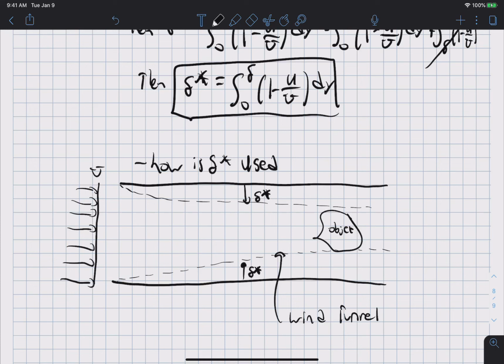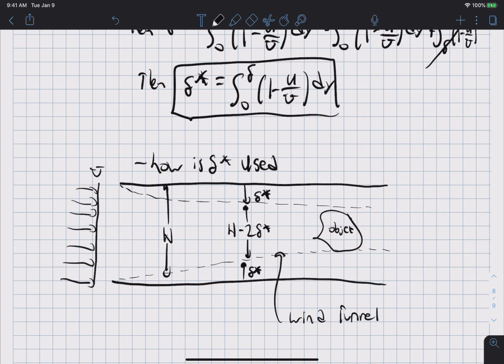Okay, and so remember, this is the portion of the free stream flow that is basically blocked off. And this distance here, if I define the total height as h, is h minus 2 delta star.